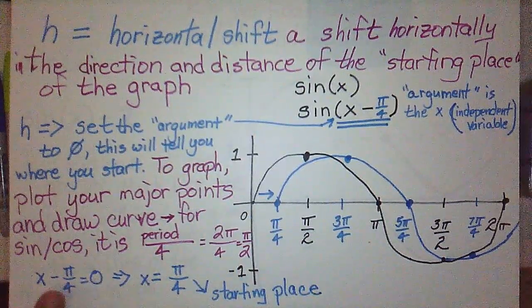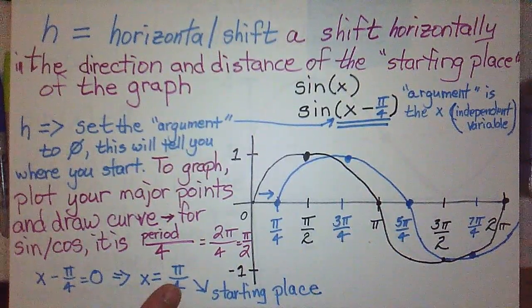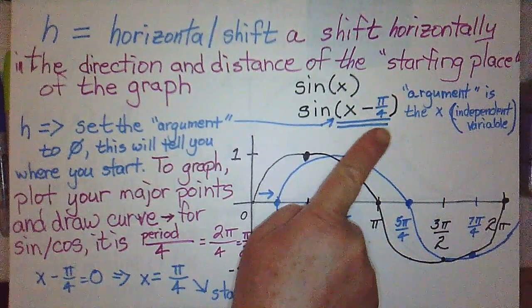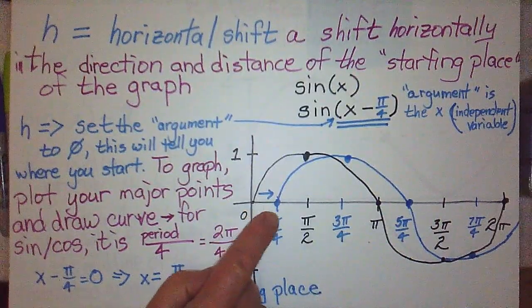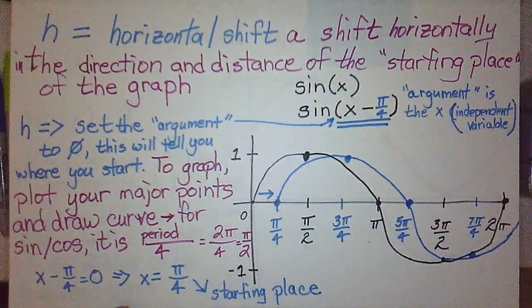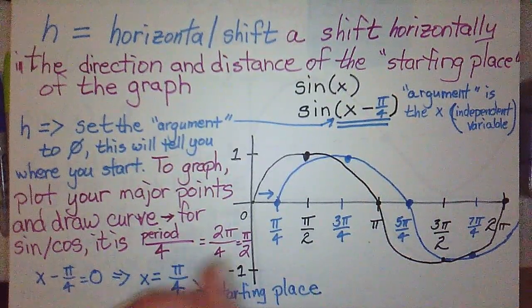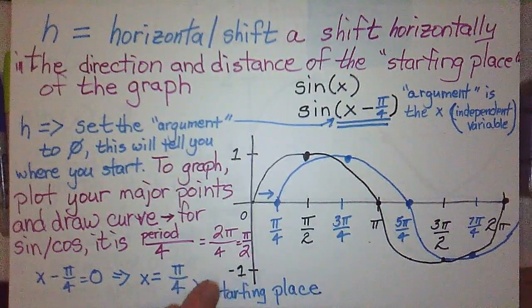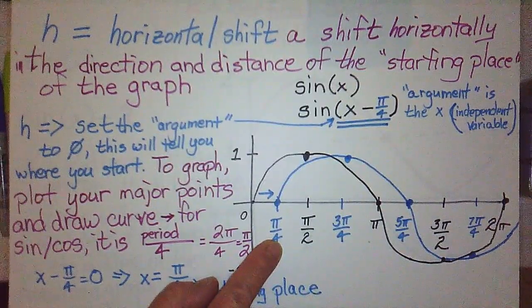That means that wherever my starting place is, which in this case is pi over 4, I've shifted this graph to the right pi over 4. You see this? Here's the shifted graph. So now to get my points, I'm going to add pi halves to every spot. I'm starting with pi fourths.